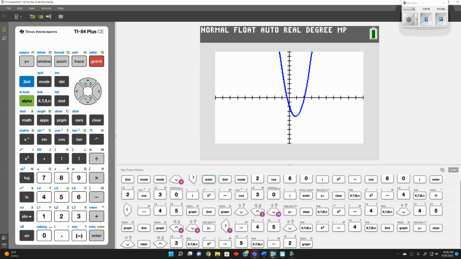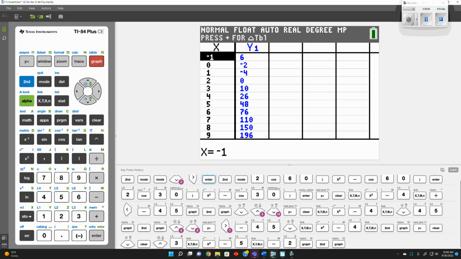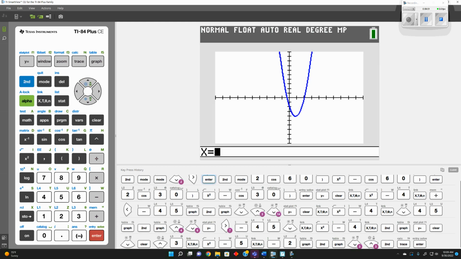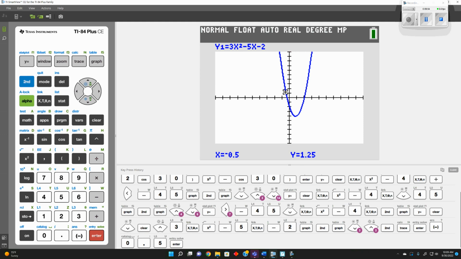Hold on, I'll tell you the answer. Oh, I'm going the wrong way. So I would agree 2 is one of our solutions, yes? So calculate value negative 0.5.